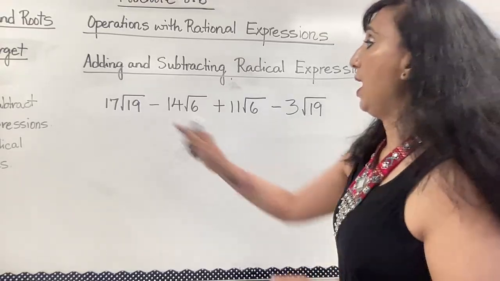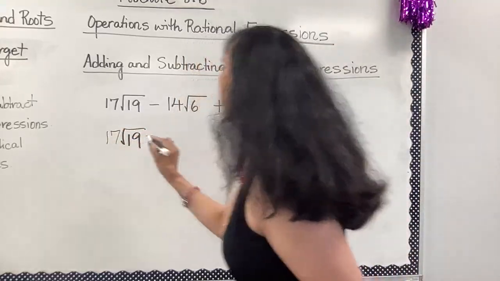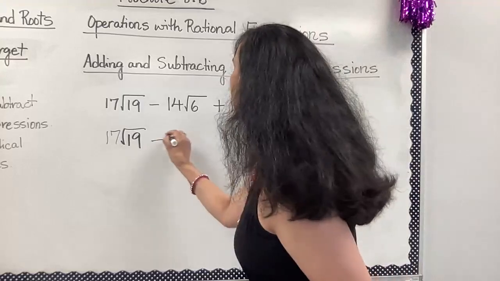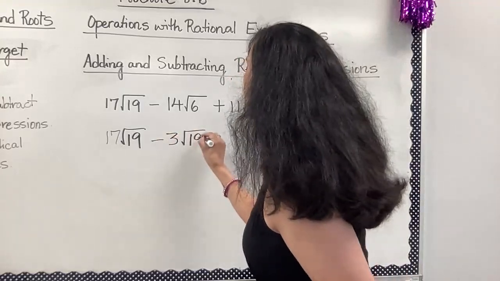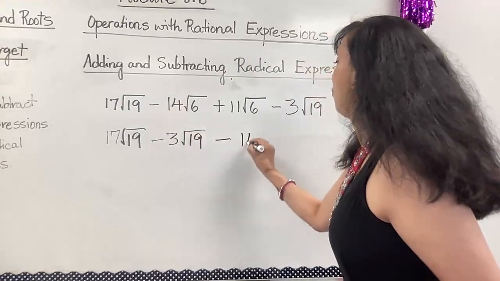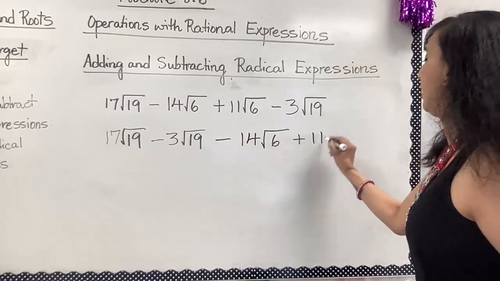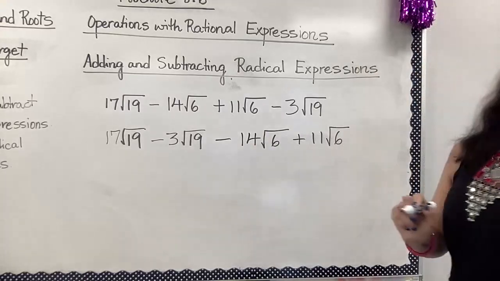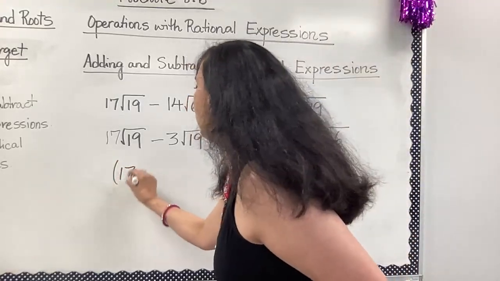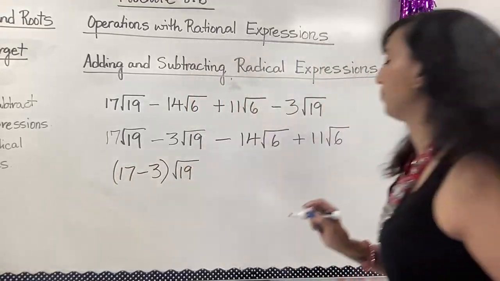Okay, so I have 17 root 19, and then I have minus 3 root 19, minus 14 root 6 plus 11 root 6. And then all I do is I group them, and I have 17 minus 3 root 19.